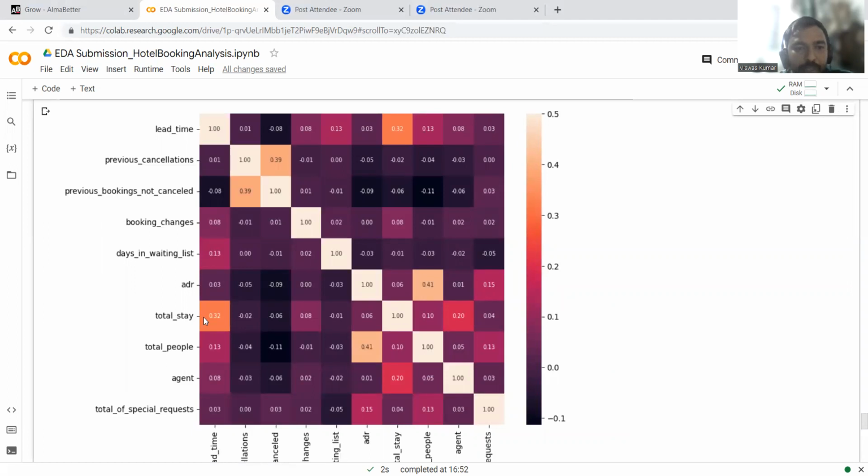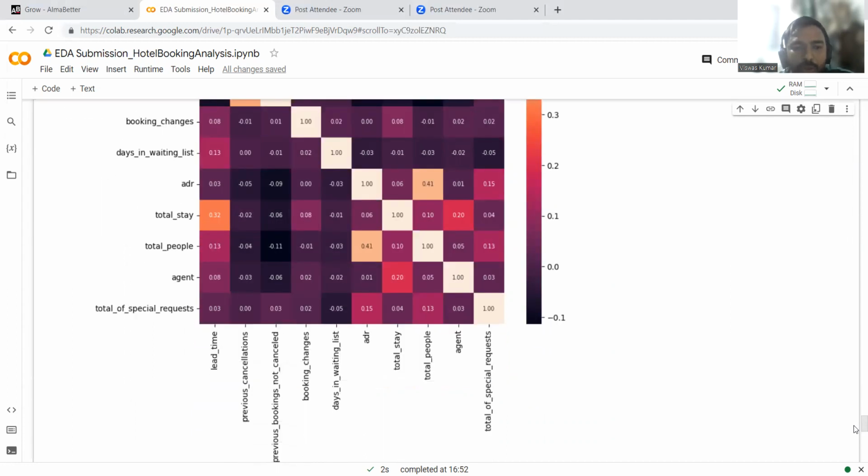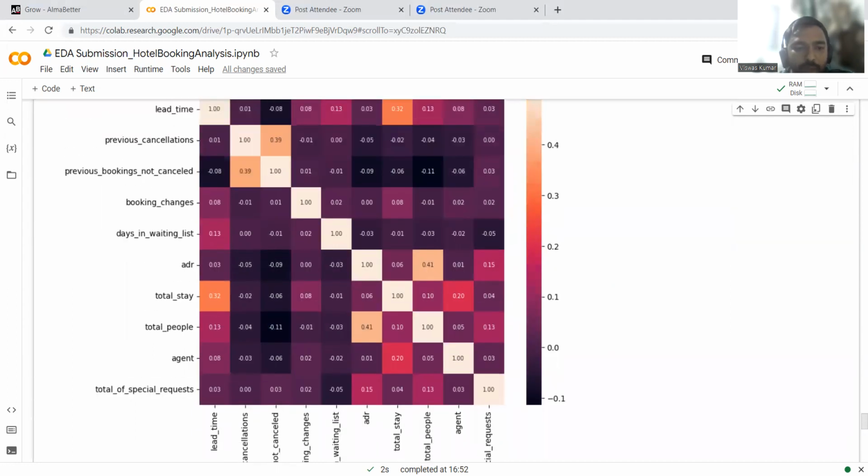That significantly tells us that lead time is the advance booking, so those who make advance bookings are likely to stay more days. We have also seen that ADR and total people have a correlation of 0.41, which concludes that if the total number of people in one booking increases, the revenue generation is directly proportional to the total people.